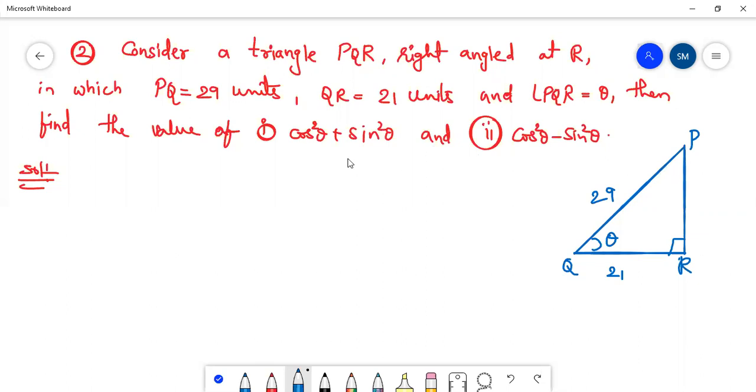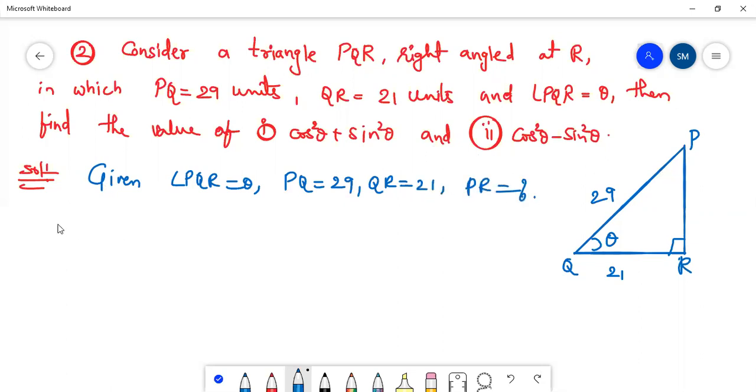Here first, by using the Pythagoras theorem, given angle PQR equal to theta, then PQ equal to 29, QR equal to 21, and PR equal to how much?